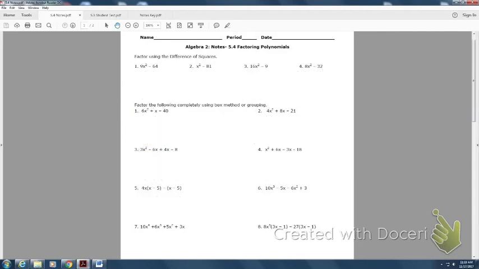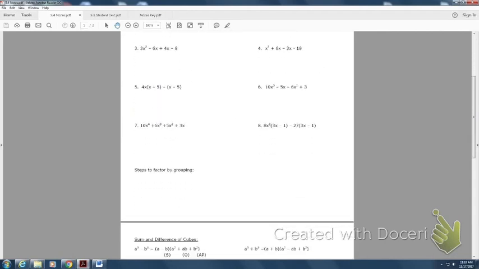We'll quickly look at 7. We're going to skip 6. We'll look at 7 and 8, and we'll do these together though. So I've got the 4 terms, so I'm going to look to do grouping. What's the greatest common factor between 10 and 6? 2.